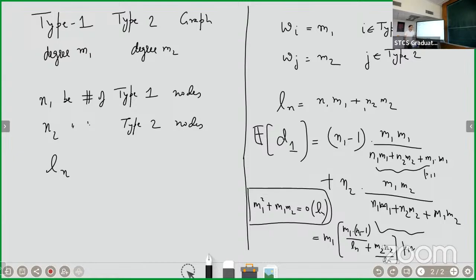So if the population size is large enough, assigning each of them M1 and M2, I'm going to get this. Obvious. Similarly, you can do it for the expected degree of type 2. So this model is in fact a very rich model. The examples we are seeing are very specific, but you can keep expanding this horizon and get whatever graph you have.